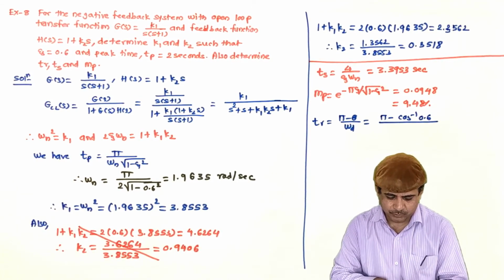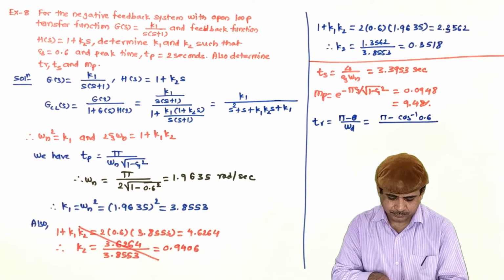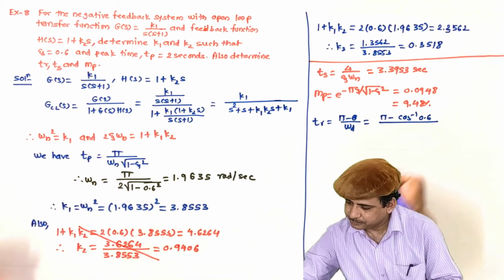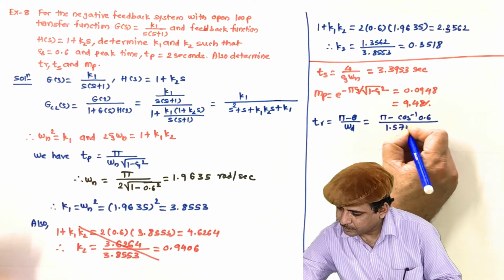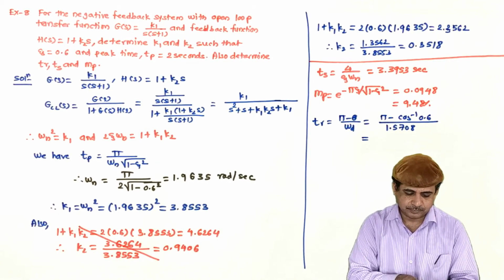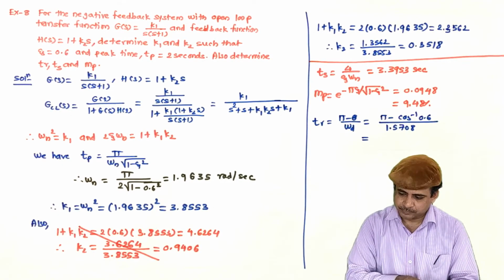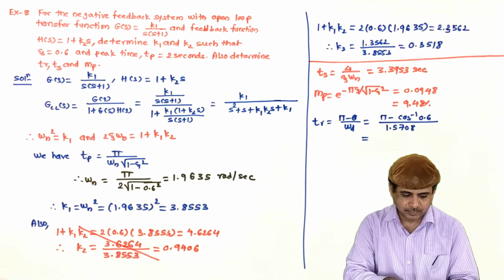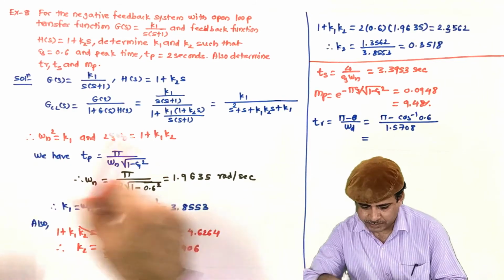So what is pi by 2? 1.5708, and that is equal to 1.4097.